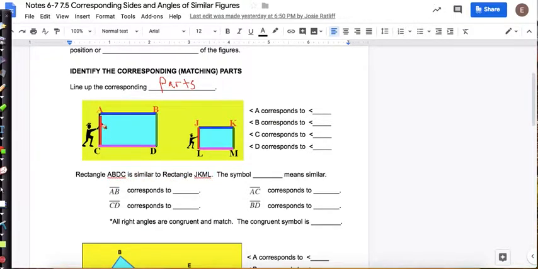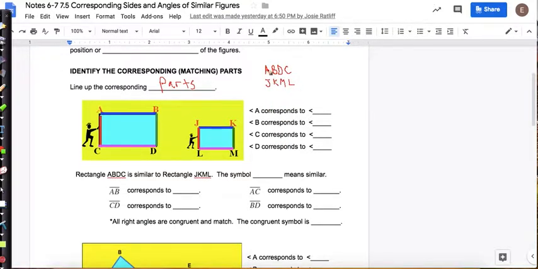Notice it's not in alphabetical order because it goes A, B, D, C. You kind of go in order around the figure. And then JKML.